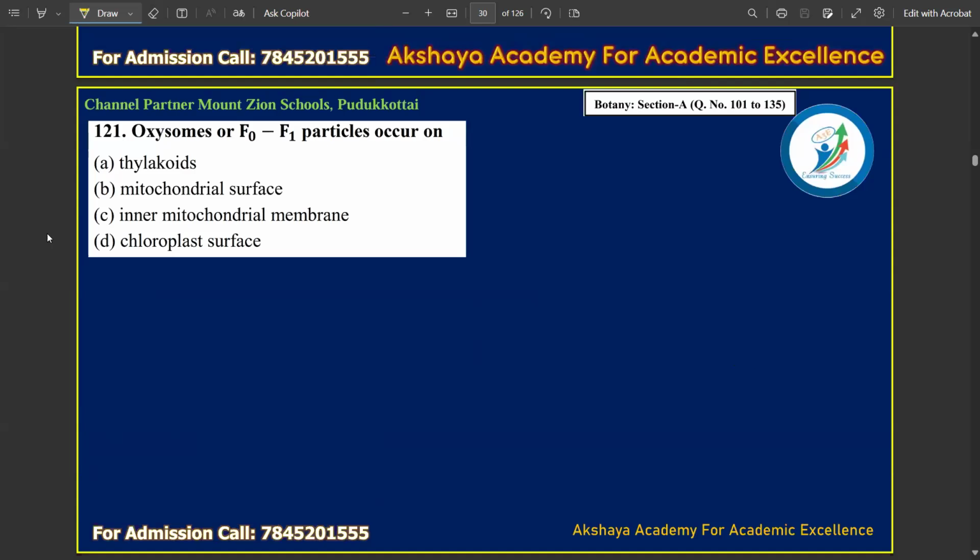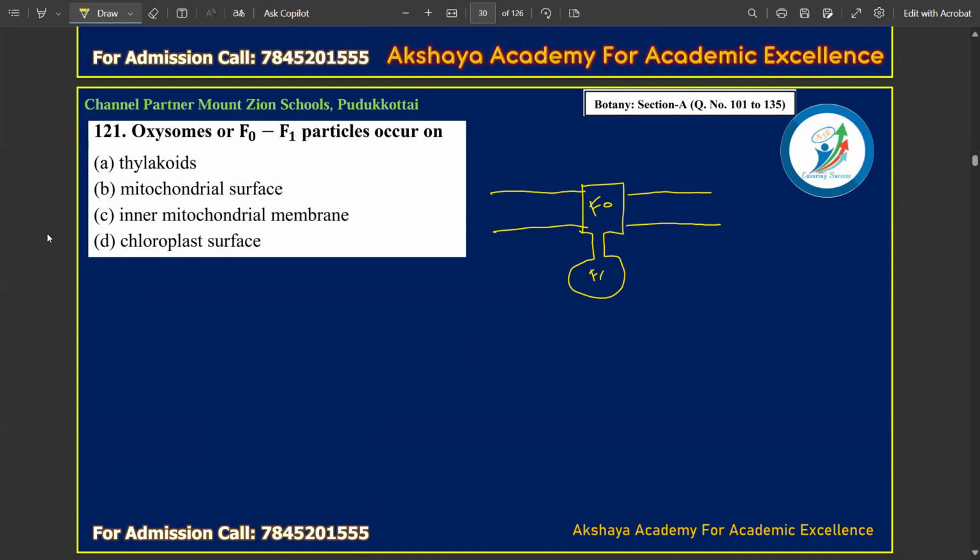They are membrane bound. There are two parts. This is the F0 part, and then there is the F1 part. The F0 part is membrane bound, bound with the inner mitochondrial membrane.